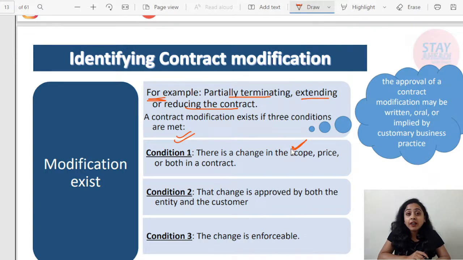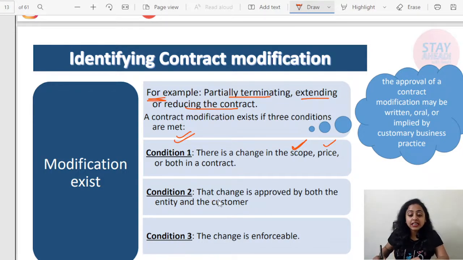Now you are widening the scope, saying instead of making 3 floors, make 4 floors. You are increasing the scope, or there is a change in price, either decreased or increased. Then this will be known as modification.